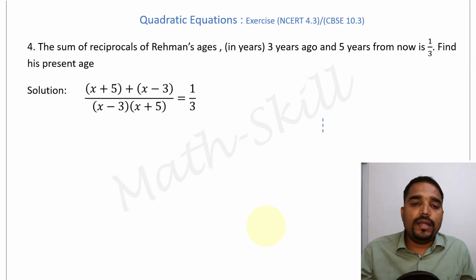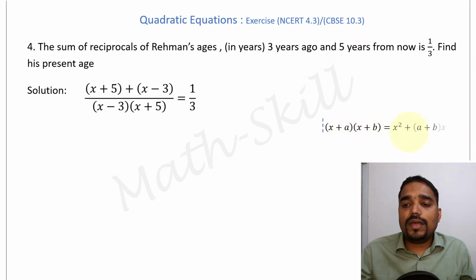Now, the denominator of the term looks like x plus a into x plus b. The formula is: x plus a into x plus b is equal to x square plus a plus b into x plus ab. Wherever there is a in the formula, we have minus 3 here, and wherever there is b, we have 5 here.